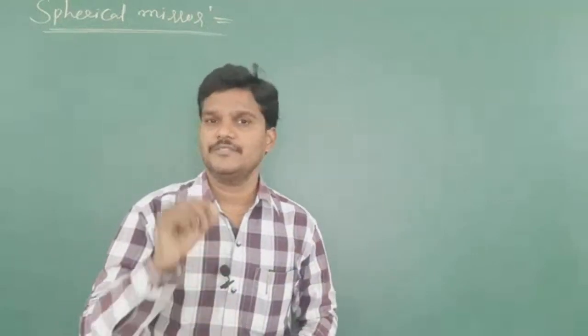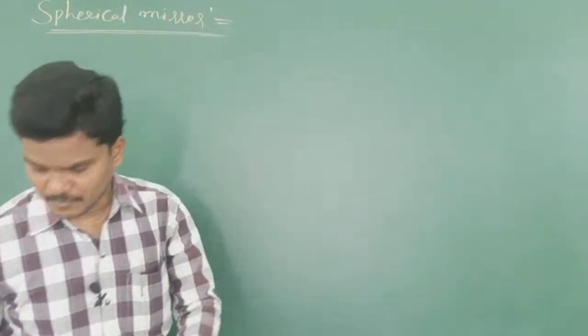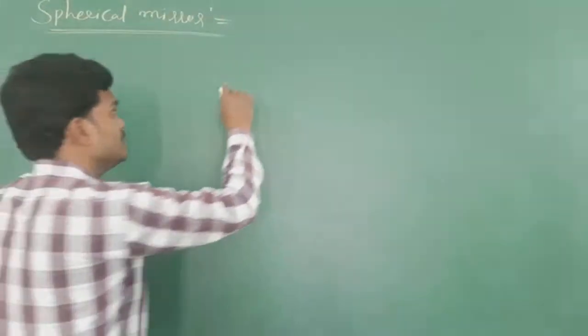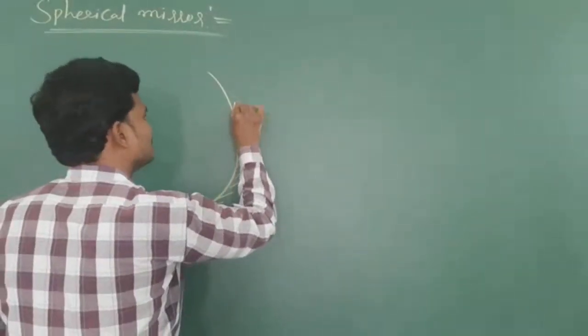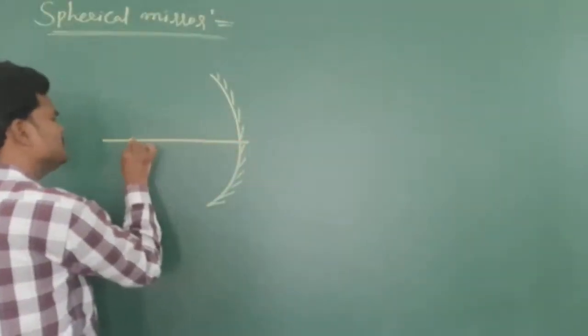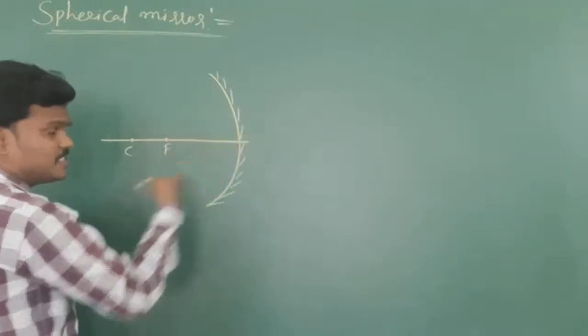Now, if you place the object at the principal focus, image will be formed at infinity, large. Now let me place the object at the principal focus. See, this is the center of curvature and let us suppose this is F. If I place it at this point, image is formed at infinity.